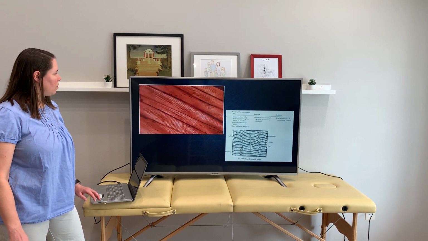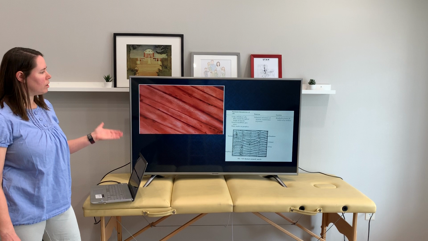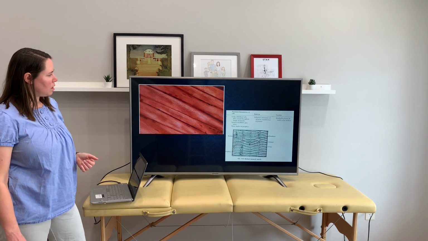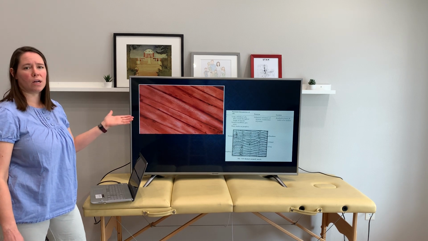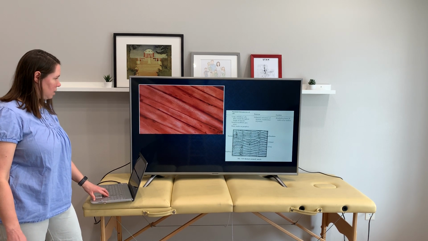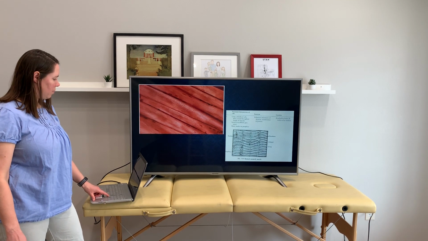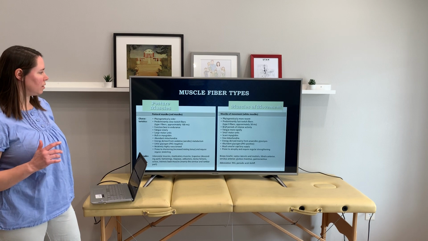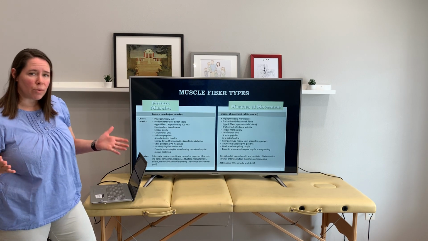Okay, this is what it would look like under a microscope. You can see high myoglobin content on this one, giving it that red characteristic. You can see the striations also. This chart gives you a nice summary of what we've talked about.